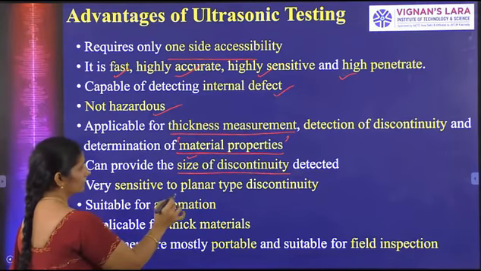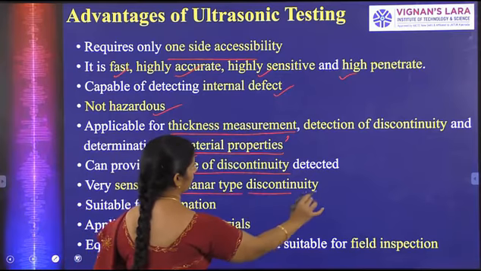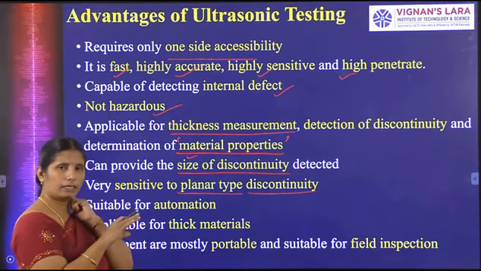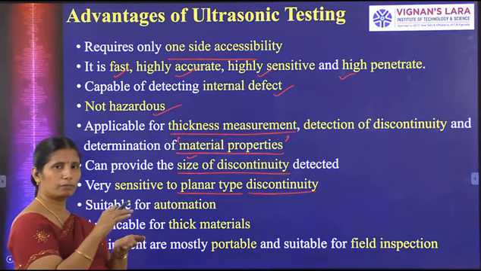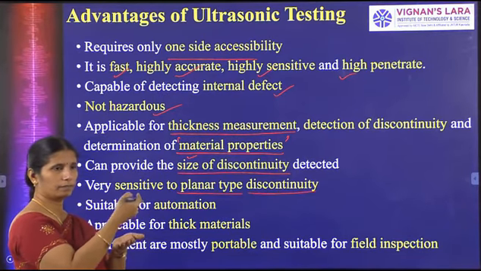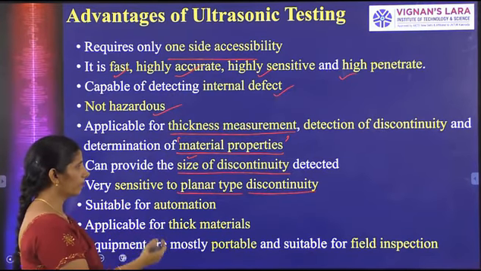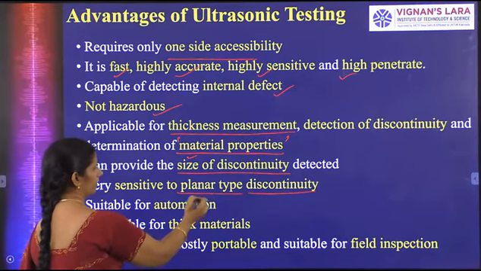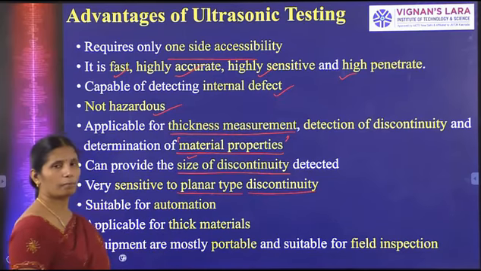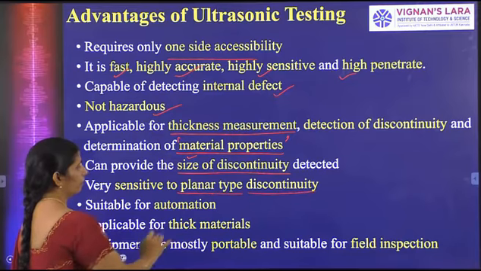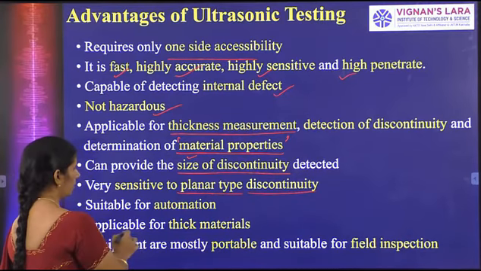They are very sensitive to planar discontinuities, that means discontinuities in the form of a plane, like a straight line. Planar discontinuities will be detected easily by ultrasonic testing, and it is suitable for automation.